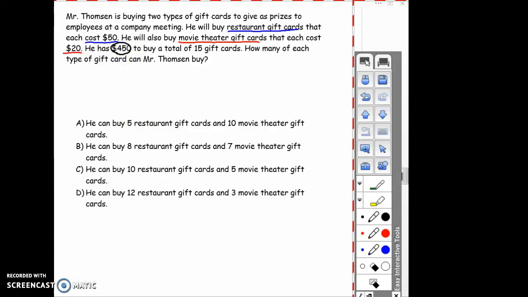So let's just start with that first equation to see what it would look like. Because I need to solve a system of equations to solve this word problem. I'm going to write a let statement. Let R equal the number of what? Restaurant gift cards. So it's going to equal restaurant, I'm going to abbreviate, gift cards.